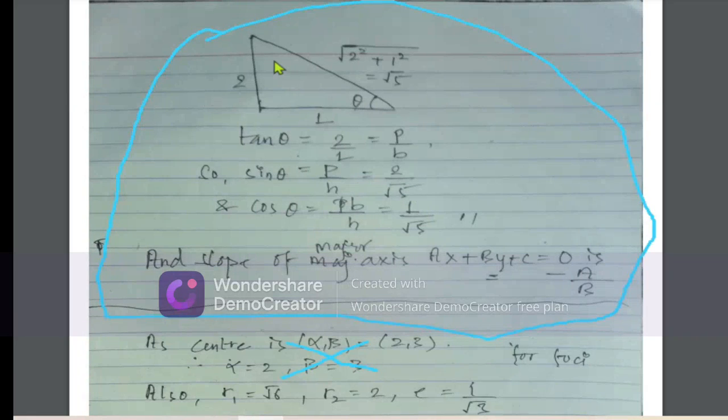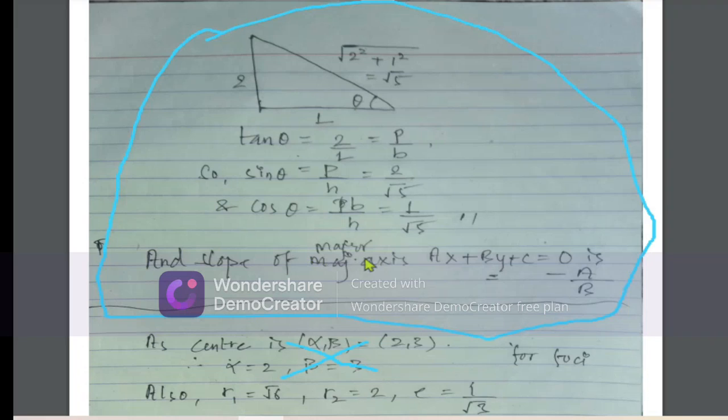Here this is the right angle triangle, and this is angle theta, with perpendicular 2 and base 1, and the hypotenuse h is calculated using the Pythagoras theorem, h square equals p square plus b square. We can find the value of tan theta, that is 2 by 1, p by b, and so sin theta equals p by h, that is 2 by root 5, and cos theta equals b by h, that is 1 by root 5.